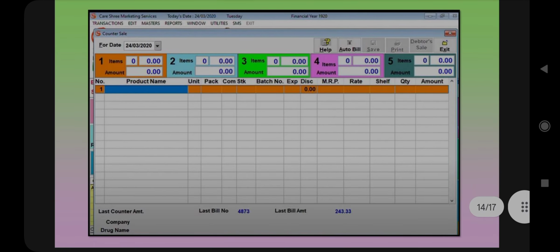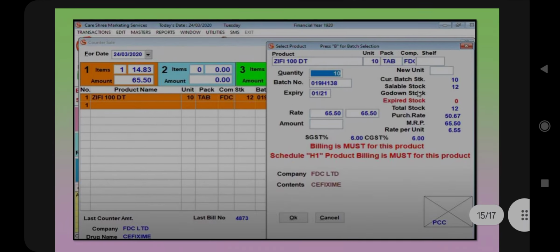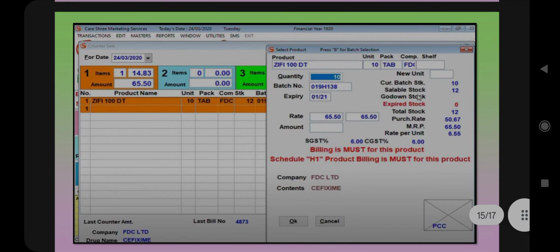This is for the counter sale. We have to type the product name, unit, pack, everything mentioned on the bill. I took one example product, Ziffy 100 DT. Here I typed unit 10, pack tablet, meaning whether it is a tablet or capsule.